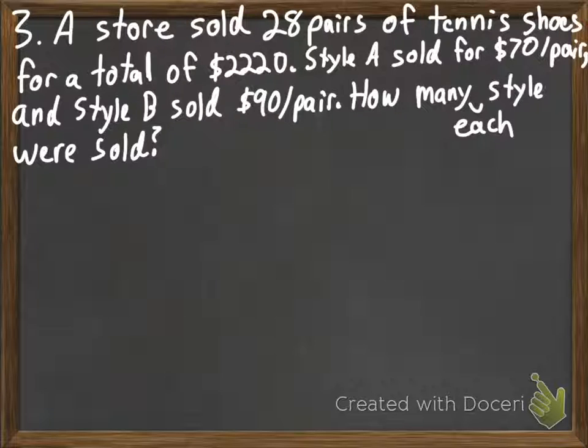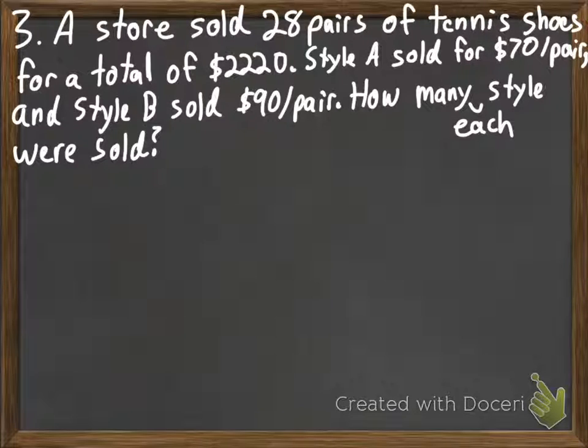Well, again, we're going to have to create two equations. Whenever you're dealing with a problem like this, the best advice that I can give you is to look at and separate your ideas, your items. What do you have? What are we talking about? Well, we're talking about pairs of shoes, and then we're talking about money.